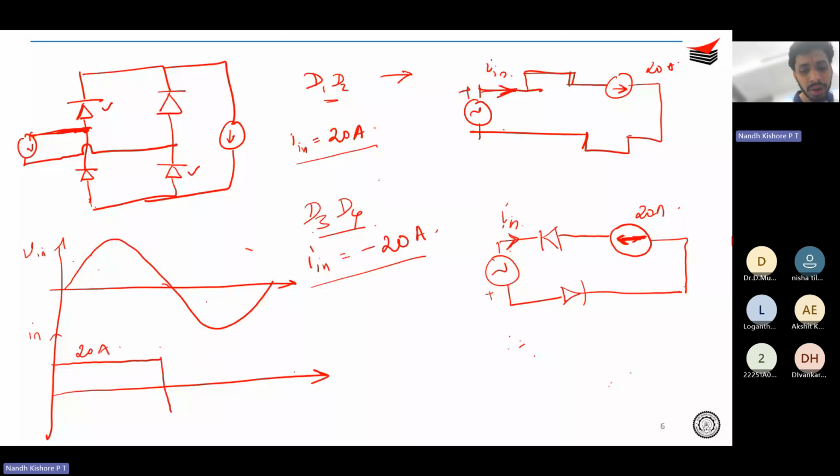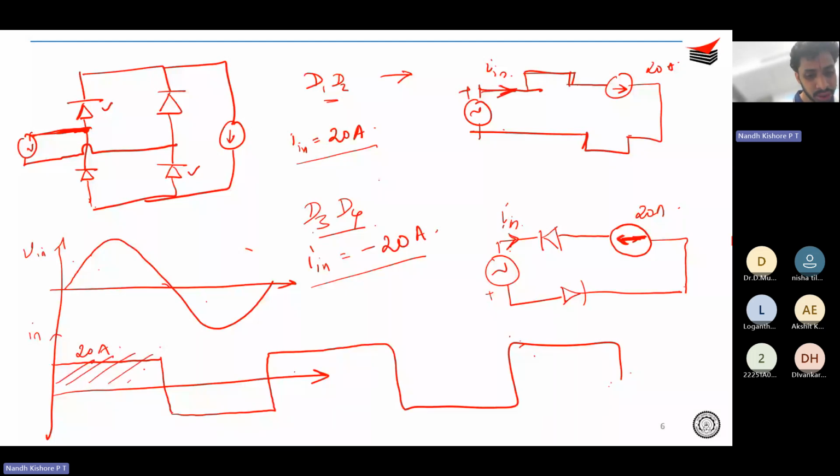So what you get is actually a proper square wave. This is how your In will look like. Your square wave has a peak of 20 amperes, and the RMS of a square wave is simply equal to 20 amperes, obviously.